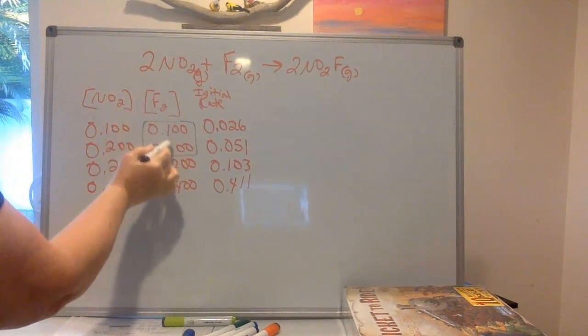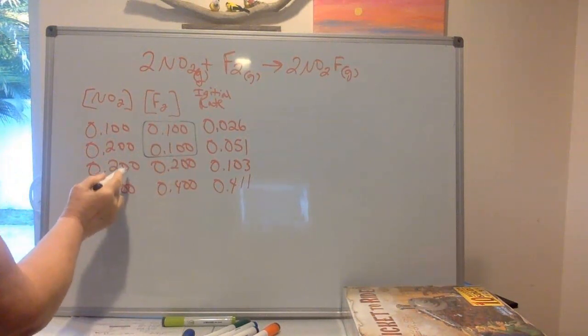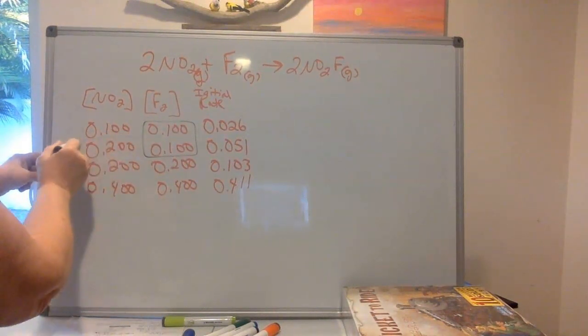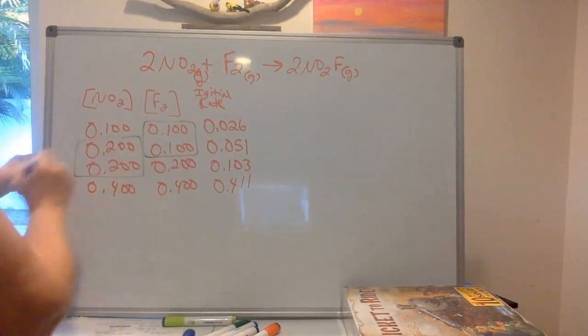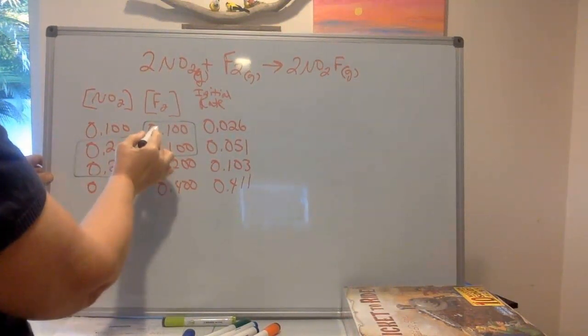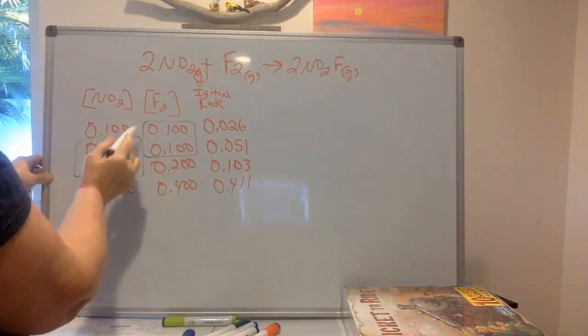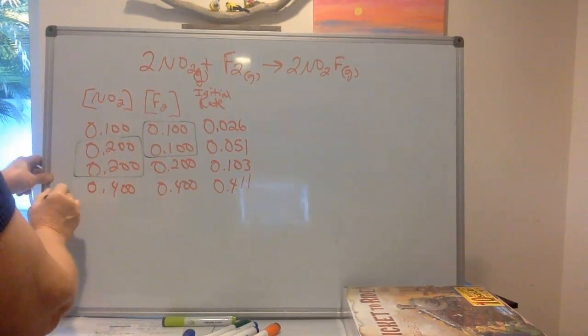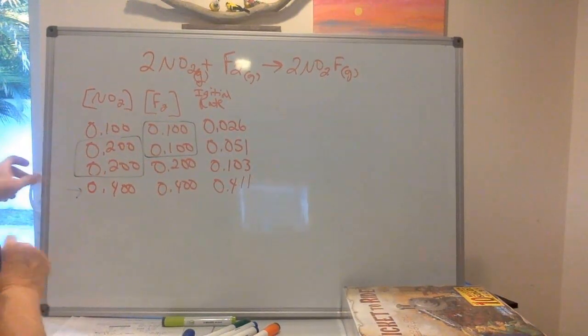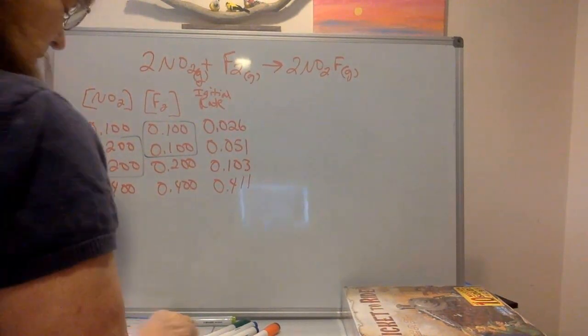In this trial, this one was held constant, and in the next trial, these two were held constant. So we're going to take 2 and 1, then eliminate NO2 by looking at 3 and 2, and then plug both of them into this one to determine K. That's the plan of attack.